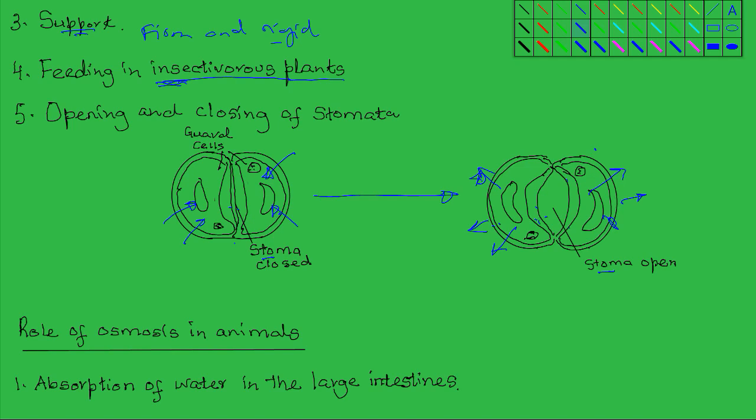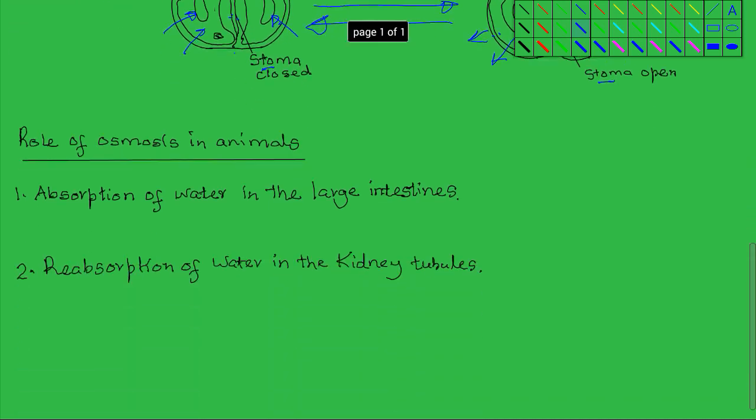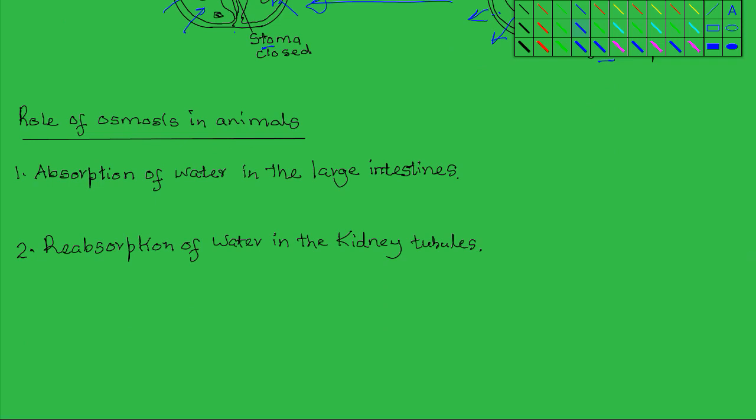When it comes to animals, there are two main roles that osmosis plays. The first one is absorption of water in the large intestines. In particular, the colon part of the large intestines is structured so as to enhance absorption of water from the lumen and into the surrounding blood capillaries.